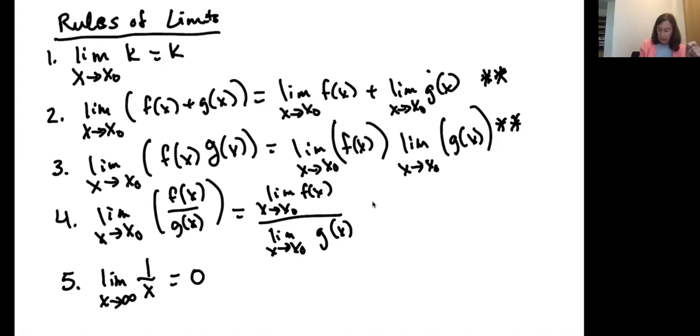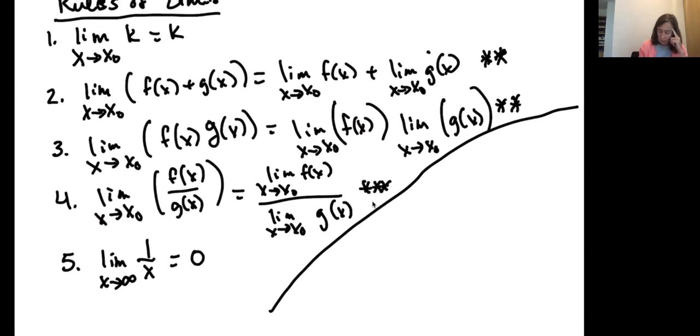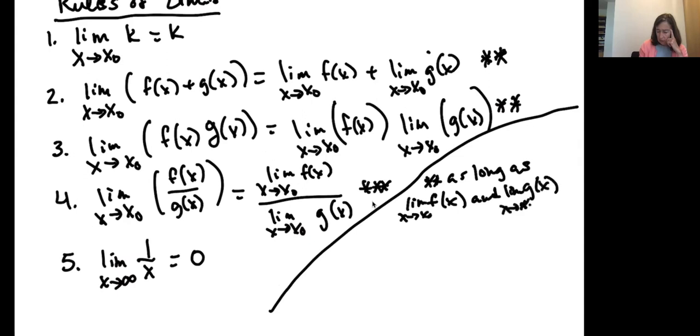Okay, these asterisks. We had 2 asterisks on rule 2 and rule 3, and I'm actually going to put 3 asterisks on rule 4. So making a little space over on the side of my screen here for the 2 asterisk point, as long as the limit of f of x, again, x going to x0, and the limit of g of x, x goes to x0 exist. Okay, if those limits don't exist, then we're not adding them up there.